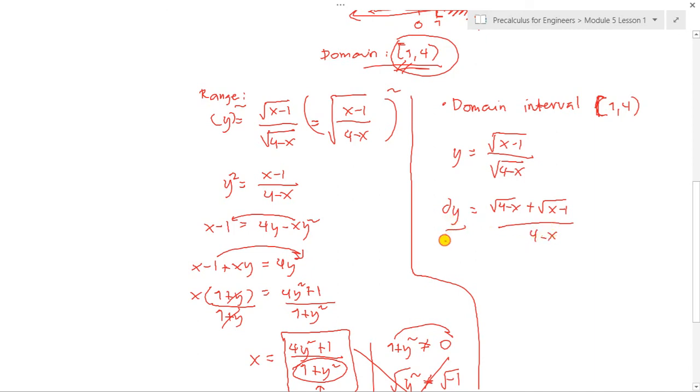Then since this is dy over dx, which is equal to 0, we multiply through and it becomes square root of 4 minus x plus square root of x minus 1 is equal to 0.